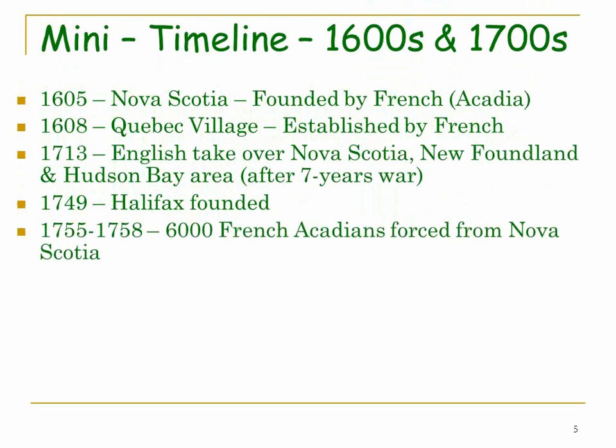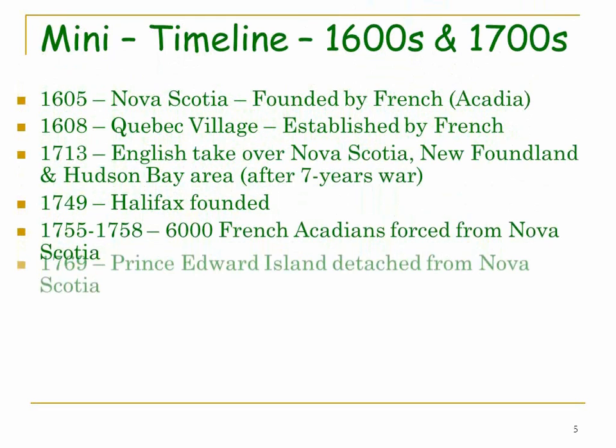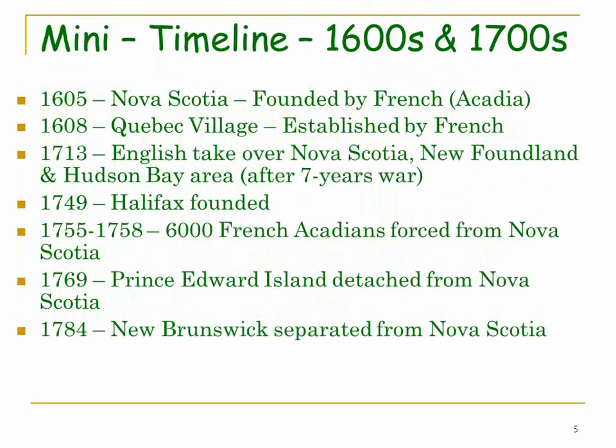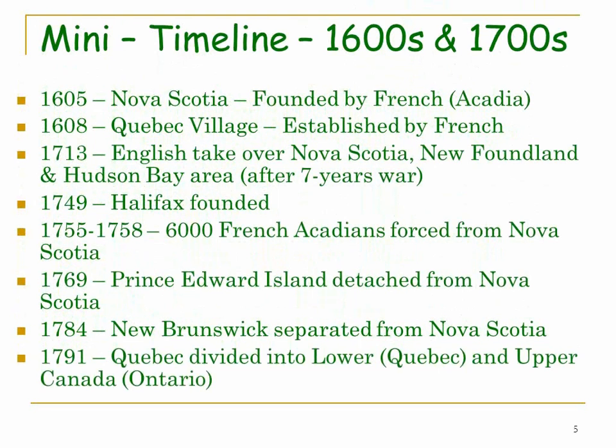Then 1755 to 58, the Acadians were forced out of Nova Scotia. And then Prince Edward Island was detached from the Nova Scotia area. Also New Brunswick. And then, of course, Quebec was divided into your Lower and your Upper. In fact, my own grandfather comes from Ottawa, Canada.